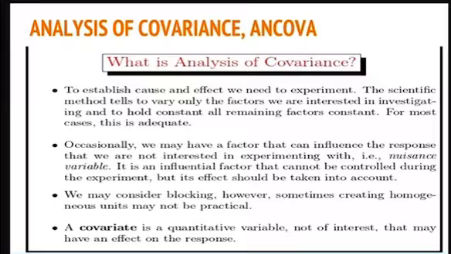So the addition of a covariate into ANOVA then makes it what I call ANCOVA, the analysis of covariance. Now, let me also tell you this. What do we mean by covariance? Covariance actually means joint variability of variables. That's what we mean by covariance.